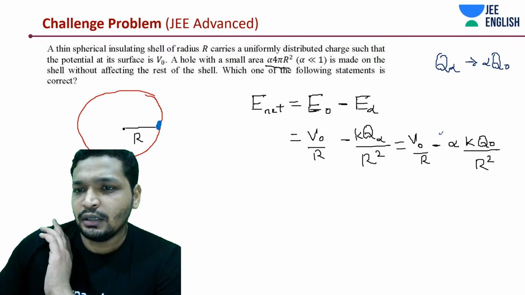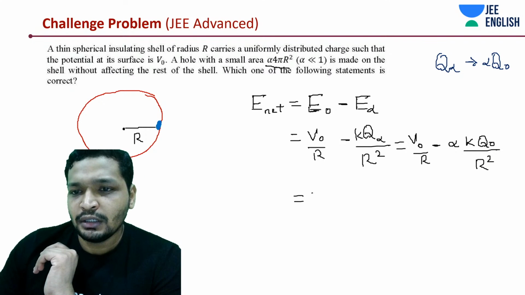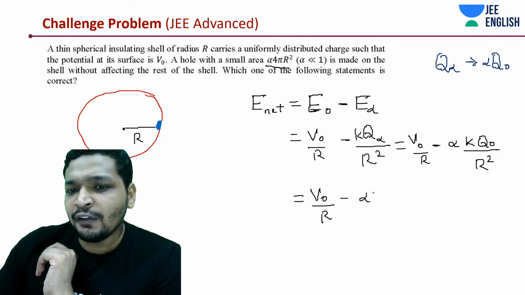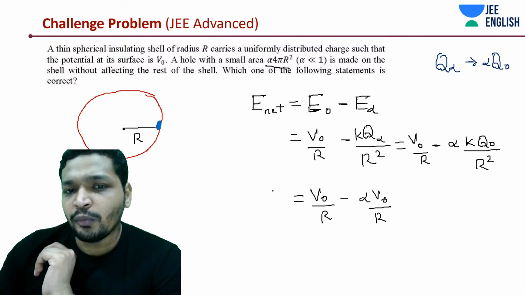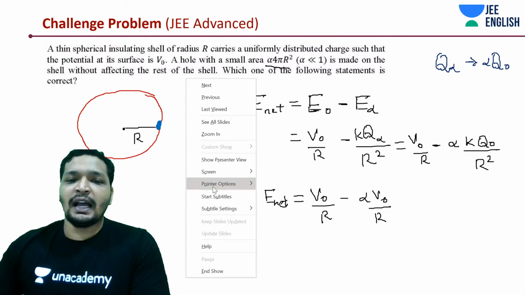And K Q naught by R is how much? V naught. So alpha into V naught by R is how much your net field has reduced. This is how much your field has been impacted.